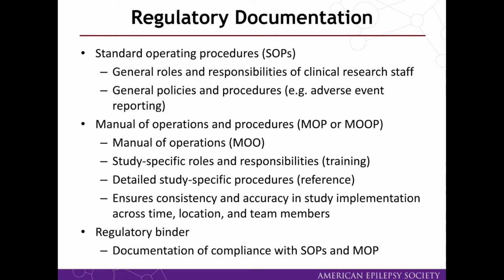An example would be processes for reporting adverse events or recommendations for documentation of the informed consent process. So these standard operating procedures apply to all clinical research activities within your institution, and an essential part of training is for you to be familiar with your institution's SOPs.